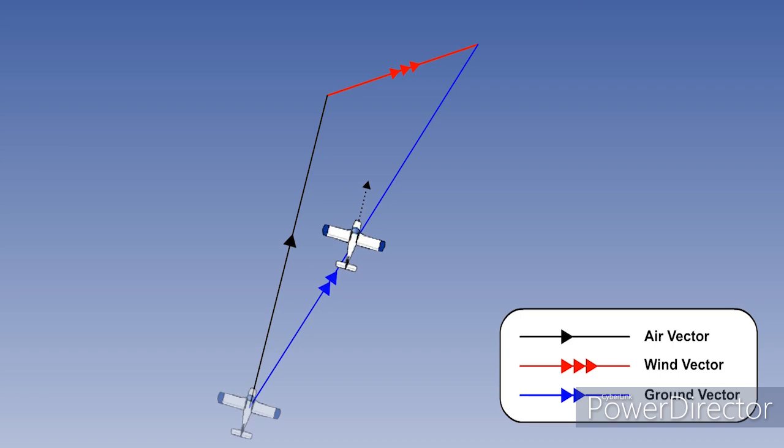The angle between the air vector, the direction in which our aircraft is heading, and the ground vector, the track the aircraft follows over the ground, is known as the drift angle, or simply drift. Notice the arrowheads drawn on the vectors. One arrowhead indicates the air vector, 2 arrowheads indicates the ground vector, and 3 indicates the wind vector.